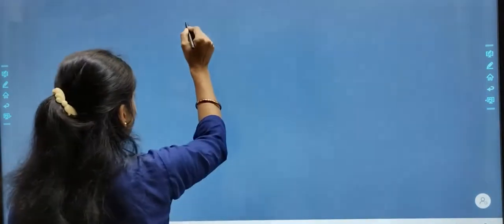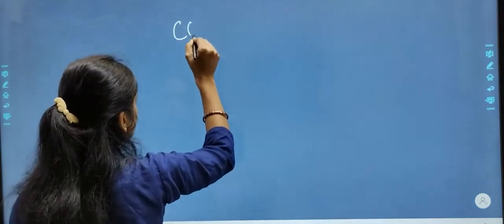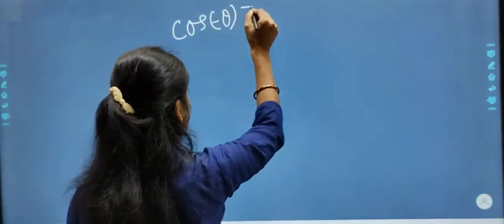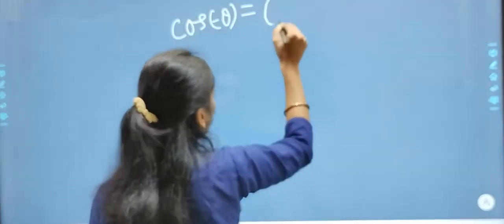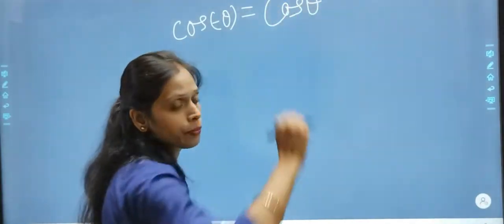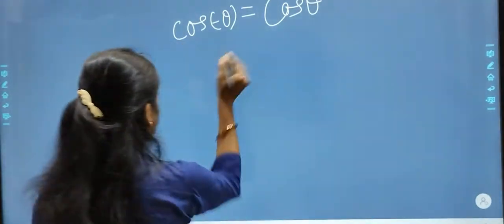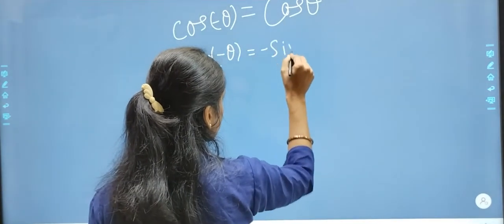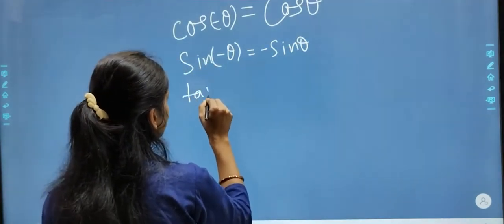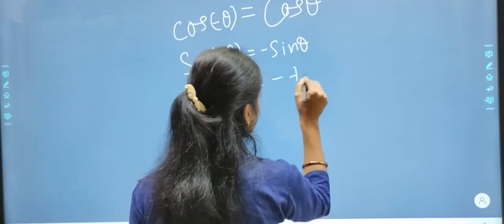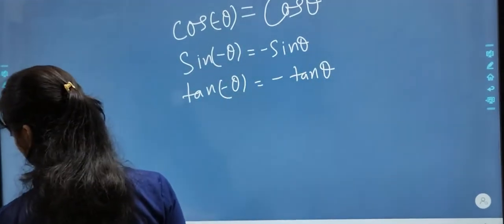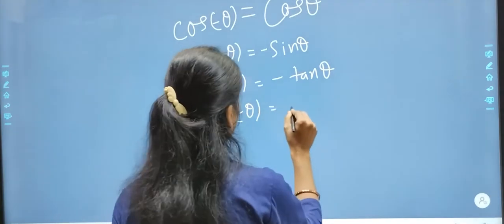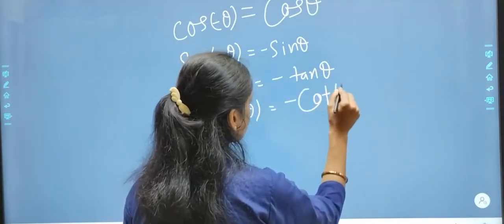This formula is cos minus theta is equal to cos theta, and the rest, like sin minus theta will be minus sin theta, tan minus theta will be minus tan theta, cot minus theta is equal to minus cot theta.